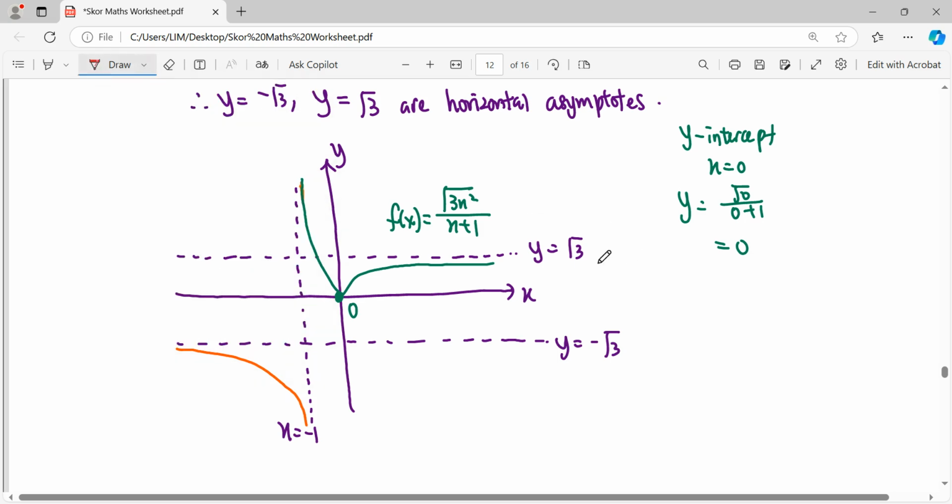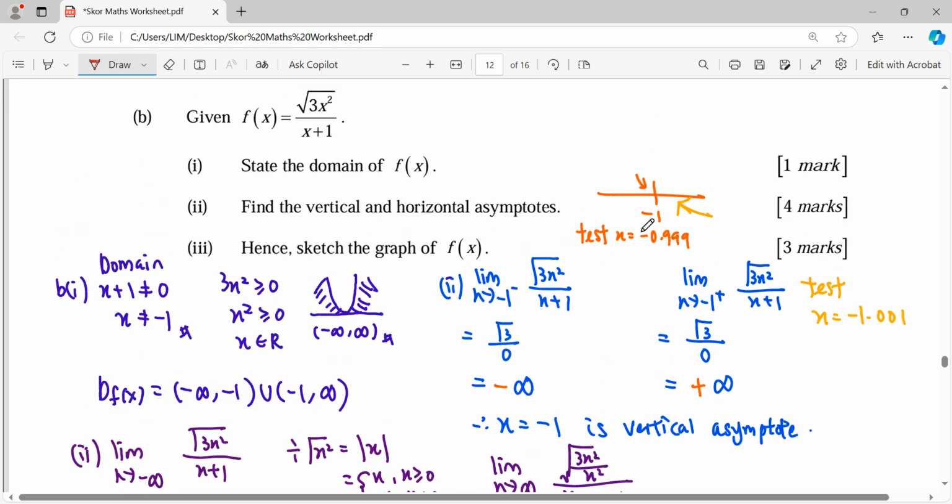So we look at the marking here. First mark, the domain, will be just 1 mark.